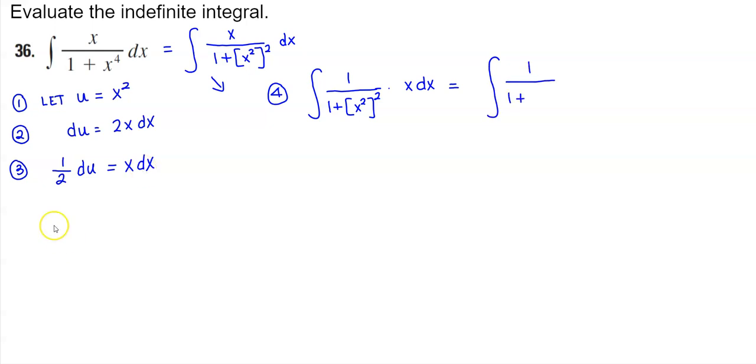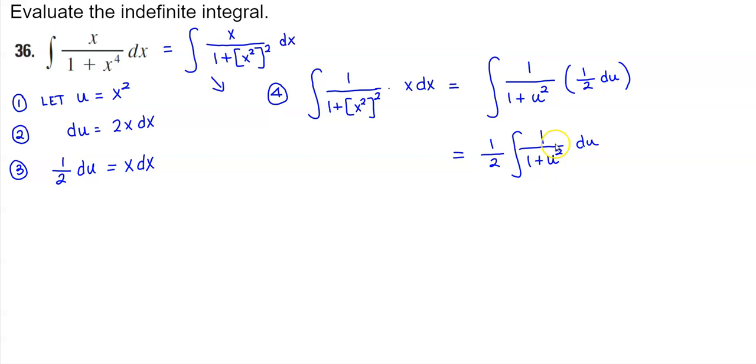We know that x squared is equal to u, so that's 1 plus u squared, times, we know that x dx is equal to 1/2 du. So now we're going to factor out the 1/2. And now we have 1 over 1 plus u squared du.